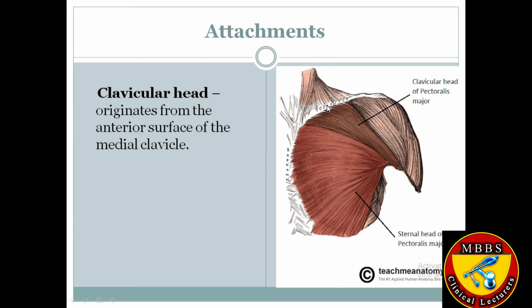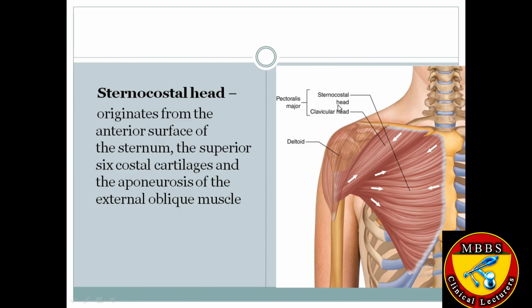The medial clavicle means one side of the clavicle; as it is a horizontal bone, the side facing towards the front is the medial side, and the side facing the back is the lateral side. So the clavicular head of the pectoralis major originates from the anterior surface of the medial clavicle.